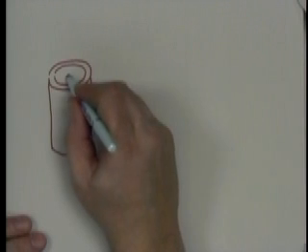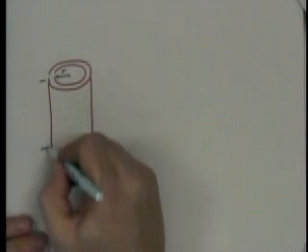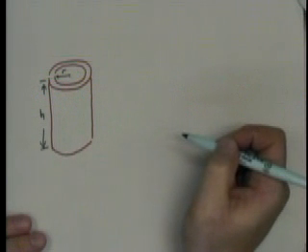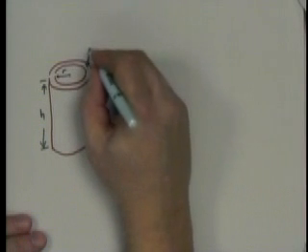Okay, and its radius out here is r, this is its height. You okay with that? Yep. And then the thickness here is dr.